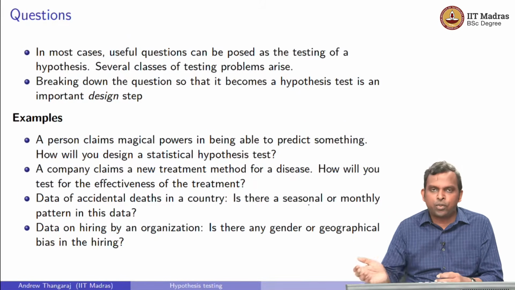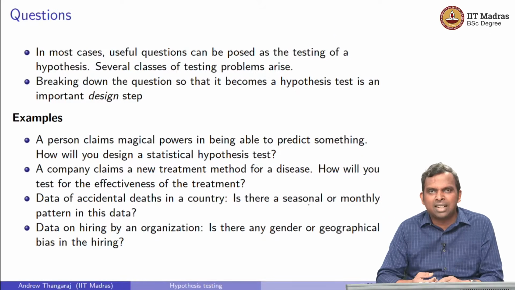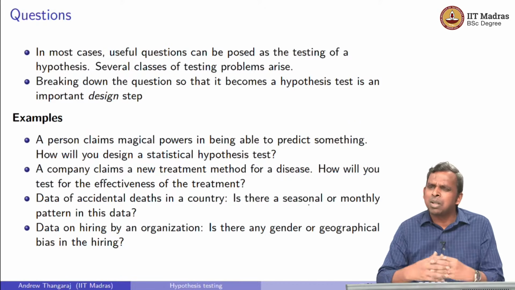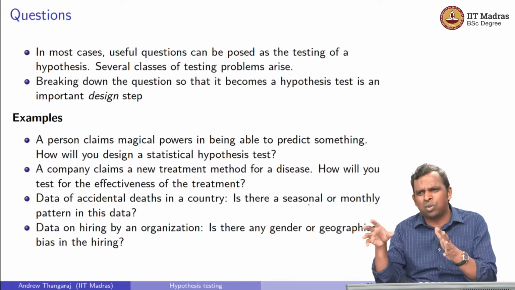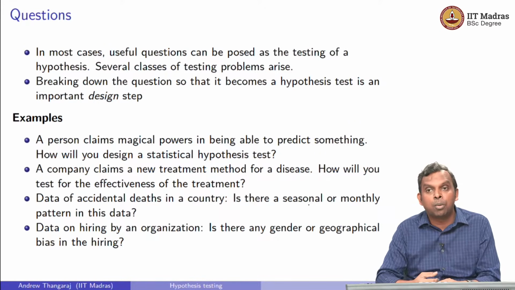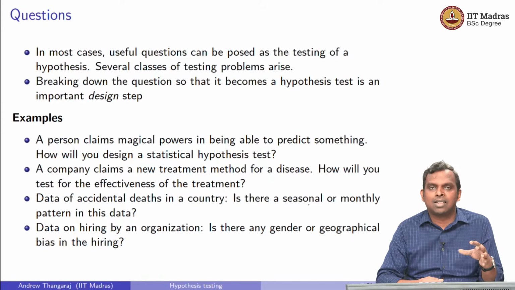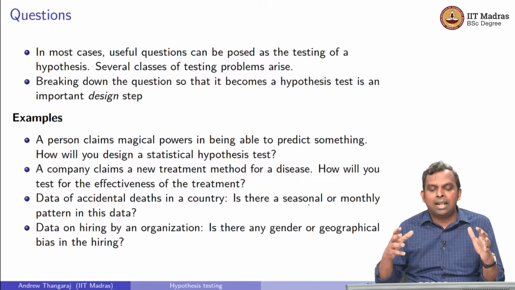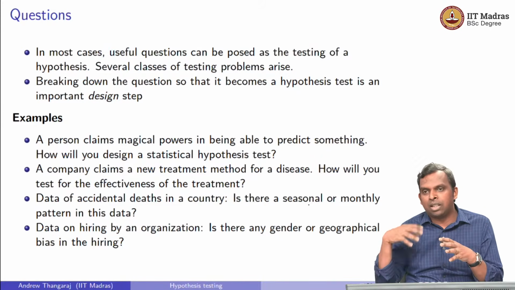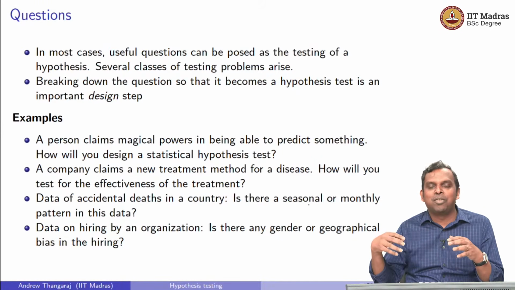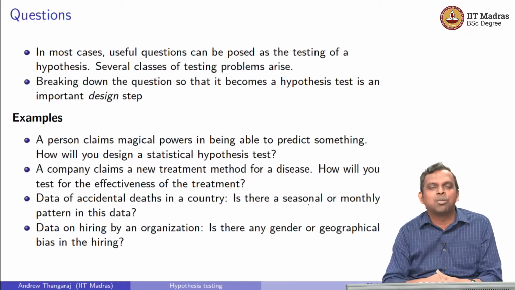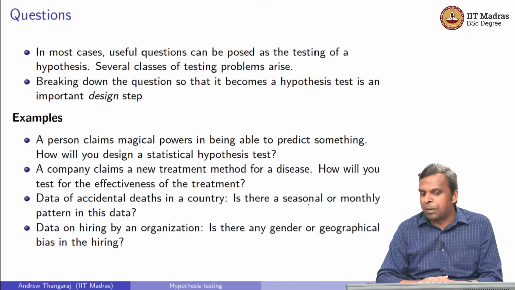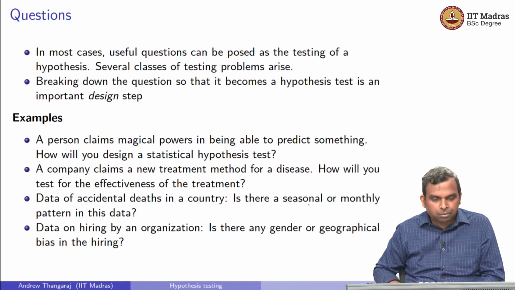Okay, so in the next few slides I'll quickly walk through each of these things and try to pose it in some way as a hypothesis test. Some you may agree with me, some you may say, no, this is wrong, that's not the way to go about it, and that's fair. I think it's just a design issue, and we will pose it in some way. And then later on, when we learn all these standard tests, we will come back and attack these problems using our standard test armory and see if we can conclude something. Okay, so let's get started.